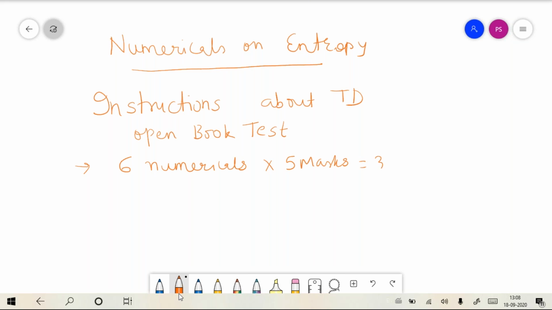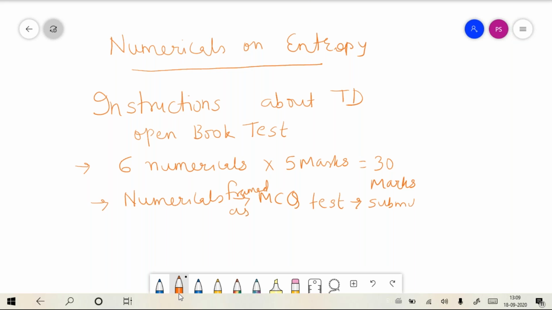This is tentative. The numericals will be framed as an MCQ test, which you need to submit online, so that your results would be out immediately. Results would be declared immediately.